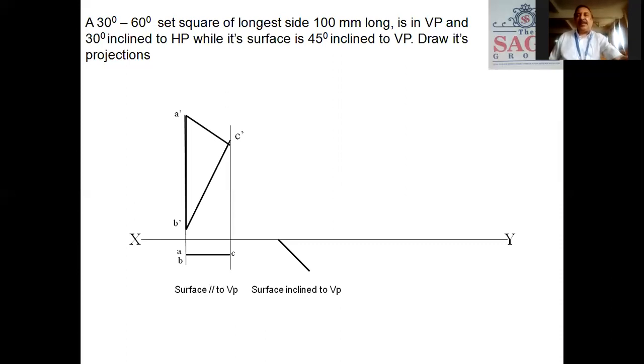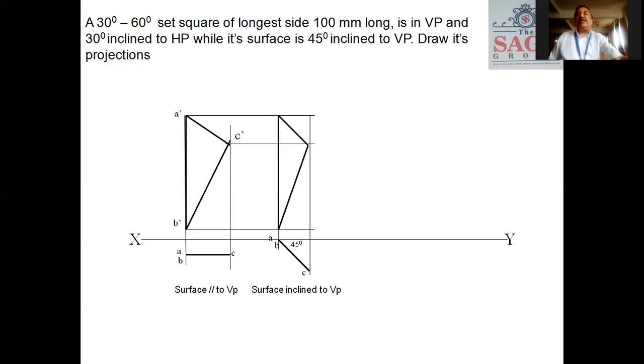This position is the surface inclined to VP. This is a 45-degree angle. Now name it, project it, draw locus from the previous view, and by getting intersection points and joining them, complete the view. This is our front view. So name it again.